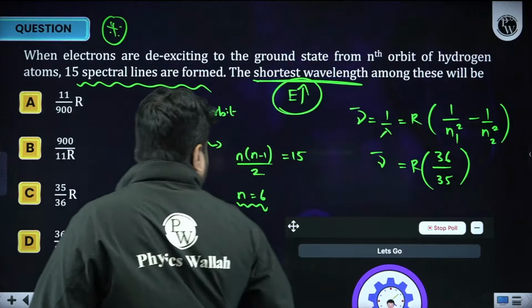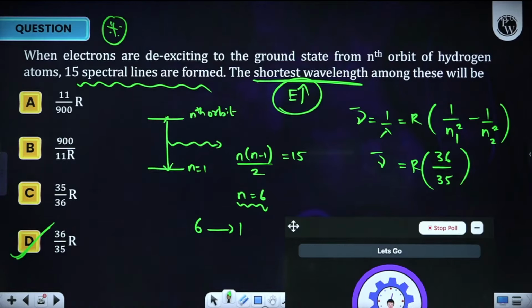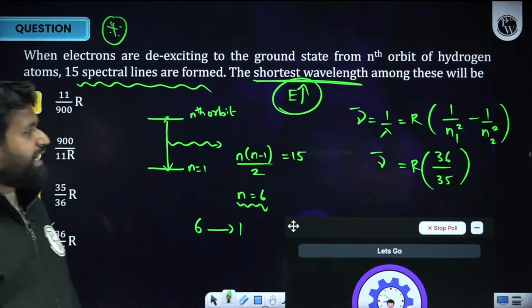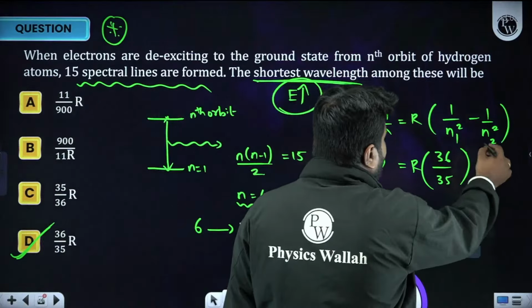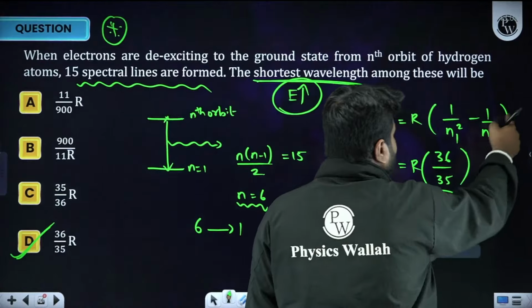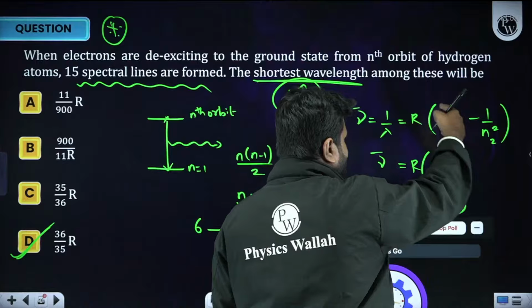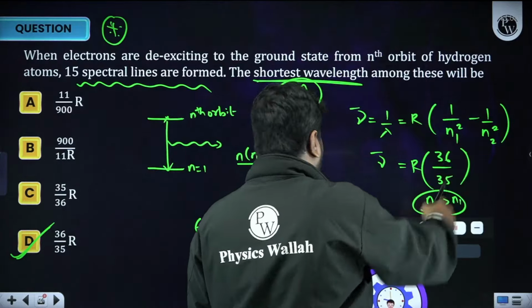Is it clear? So option D is the correct answer, because n2 should always be greater than n1. 6 square is 36. So here we will be having 36 minus 1, 35 by 36.